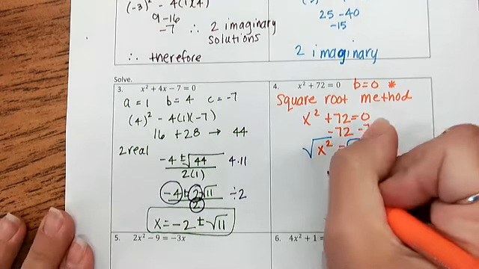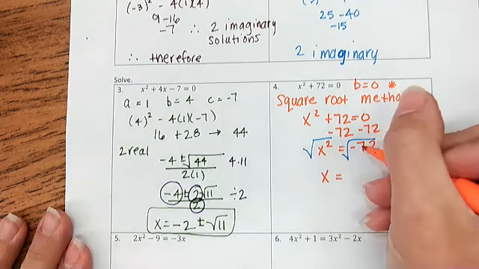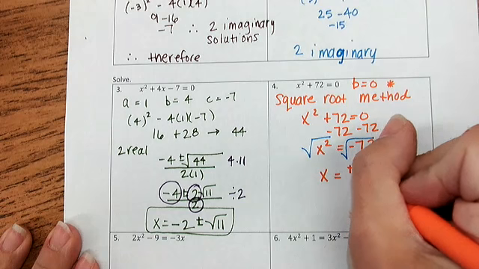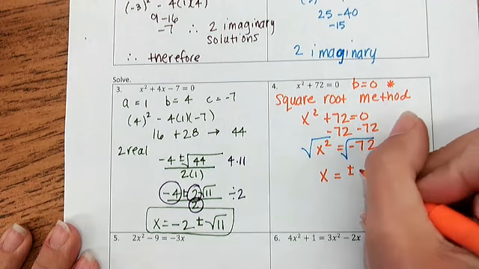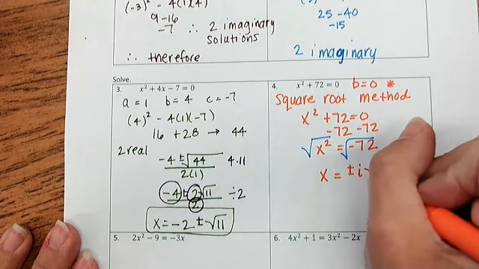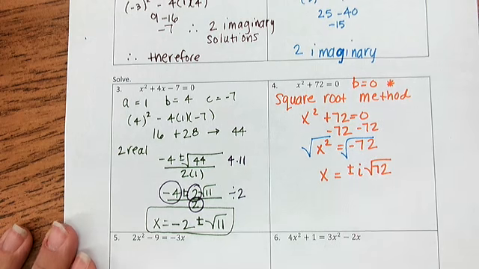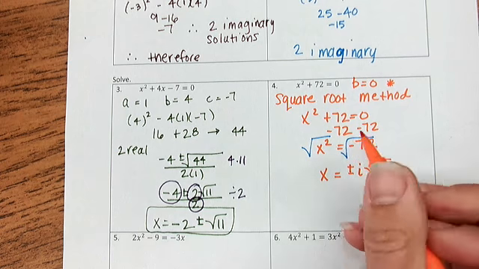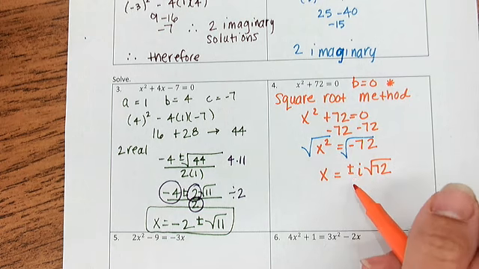As soon as you see the negative, right away it becomes an I. So it's going to become plus or minus because I'm solving. And then it's going to become I root positive 72. Now, of course, you can skip that step, but I just want to refresh your memory that as soon as it's negative, bam, I.